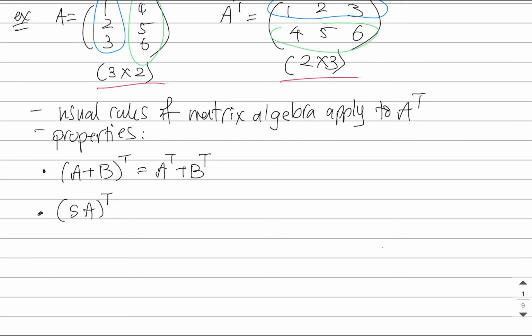If we ever have a scalar multiple of a matrix and we want its transpose, you could think of it sort of on an entry by entry basis, right? If I give you a scalar multiple of a matrix, that means every single entry in that matrix is being scaled by this factor.